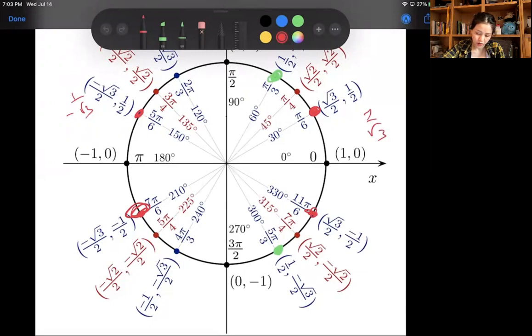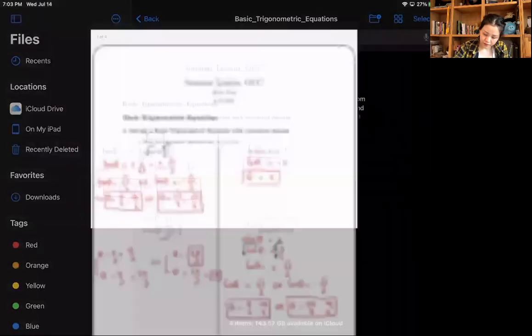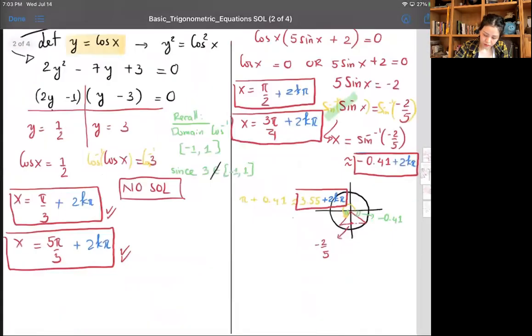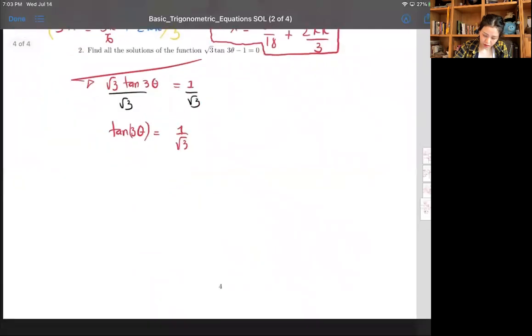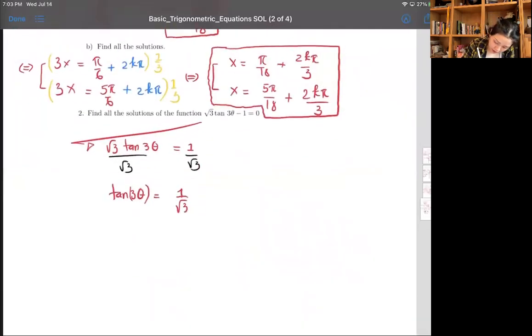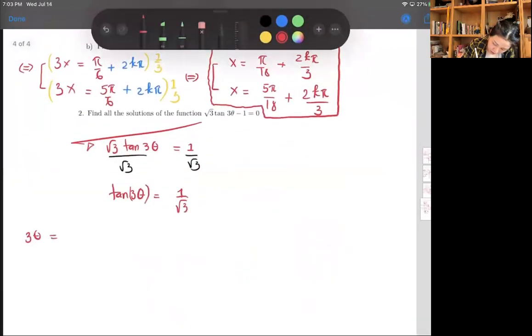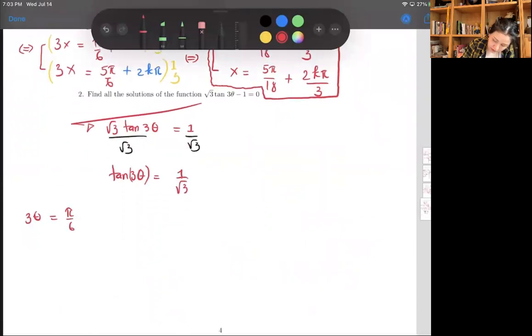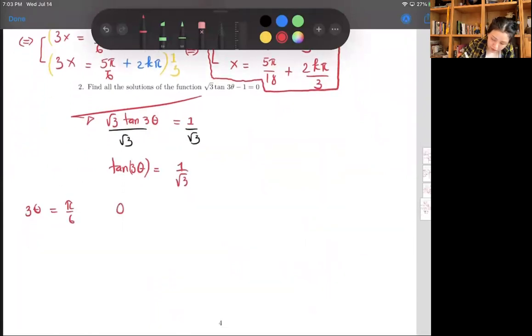So I have 3 theta equals pi over 6, or 3 theta equals 7 pi over 6.